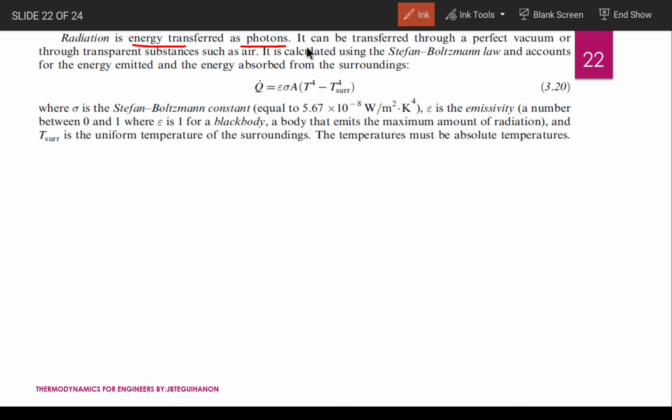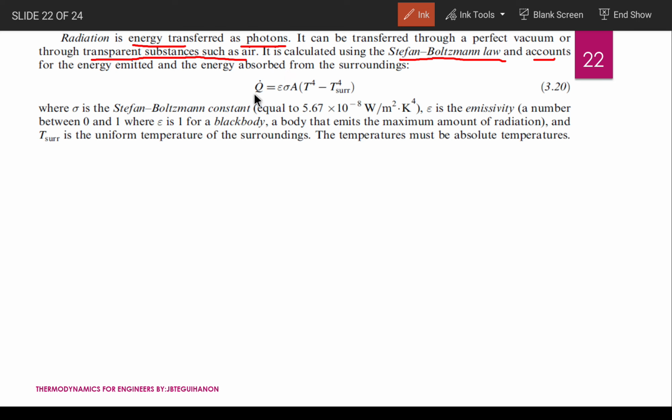As photons, it can be transferred through a perfect vacuum or through a transparent substance such as air. Radiation, parang radiation ng araw, no? It is calculated using the Stefan-Boltzmann law and accounts for the energy emitted and energy absorbed from the surroundings.